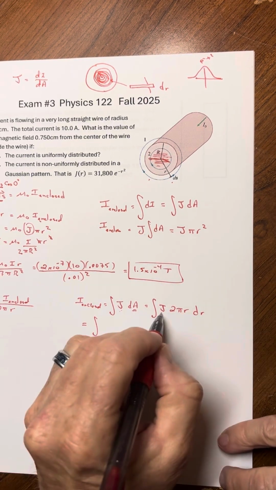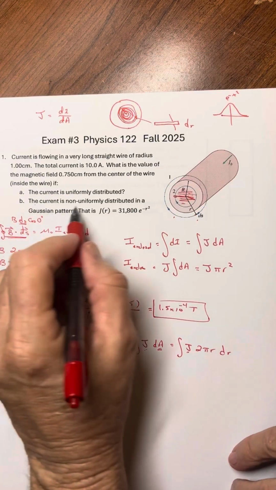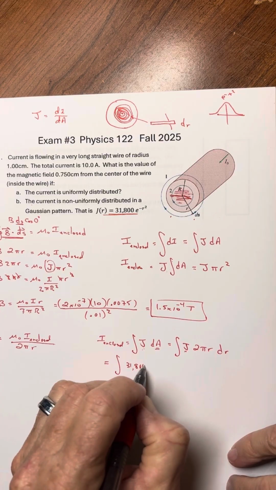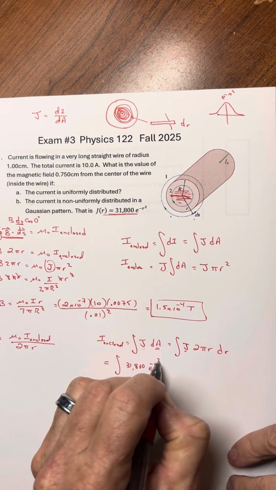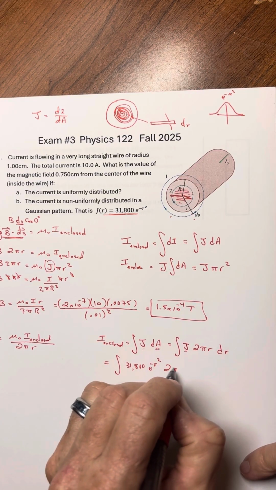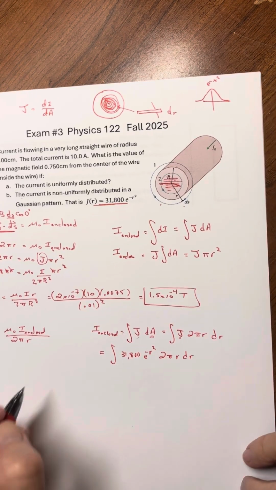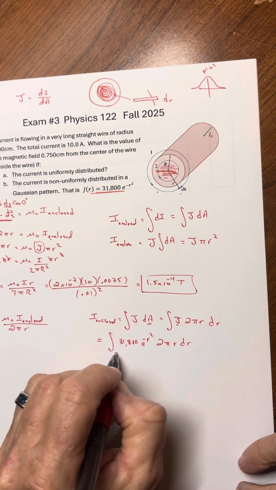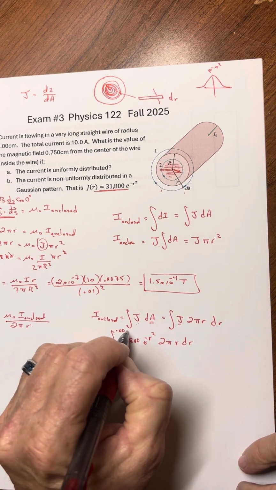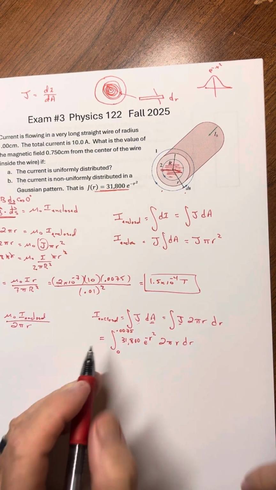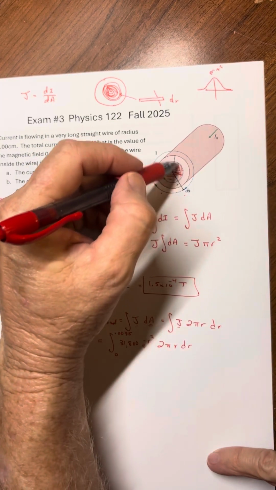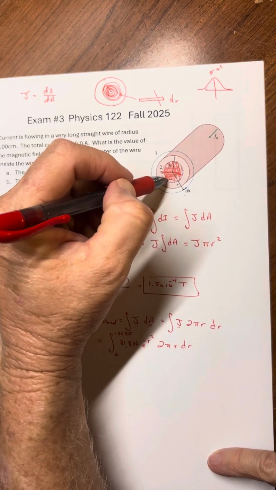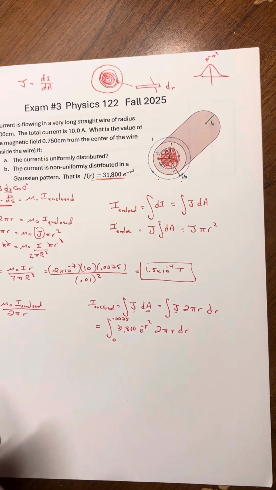Equals. And so let's take the equation for this current distribution, this 31,800 e to the minus r squared. And then we have the 2 pi r dr. And we are going to add it up, going from 0 to 0.0075, because, like we did in the first one, we're going to just add up the current within this part of it.